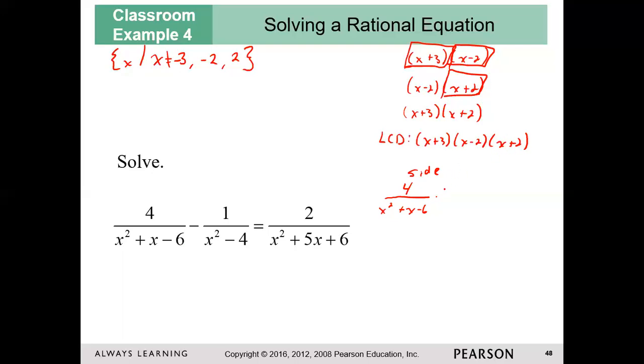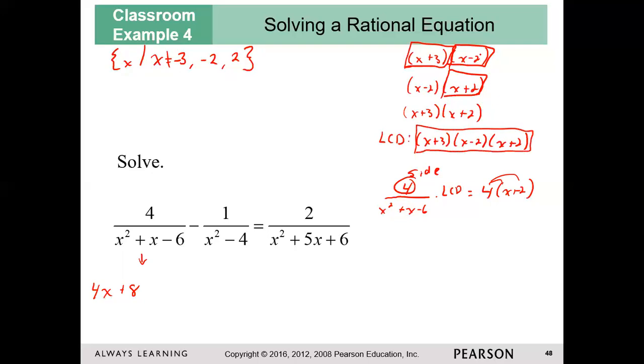So again, if you multiply by the LCD, you're going to be left with 4. Obviously, this 4 is not going anywhere. And you're going to be left with the x plus 2. Okay? So this first fraction is going to turn into 4x plus 8, because of course you need to distribute the 4.